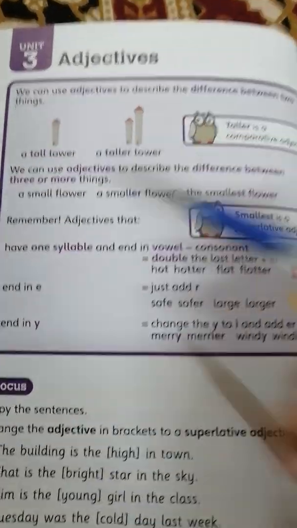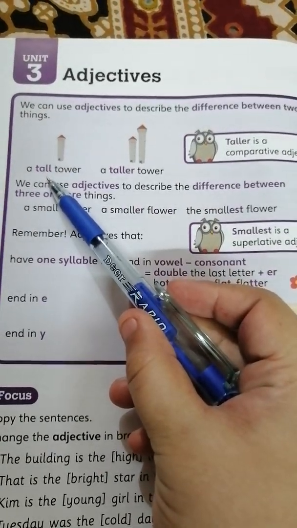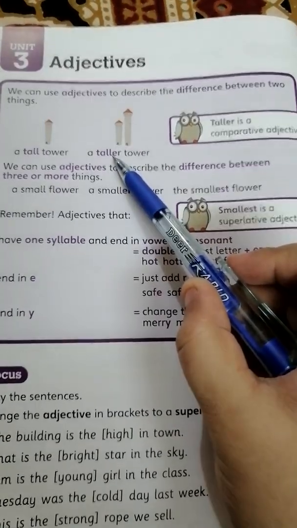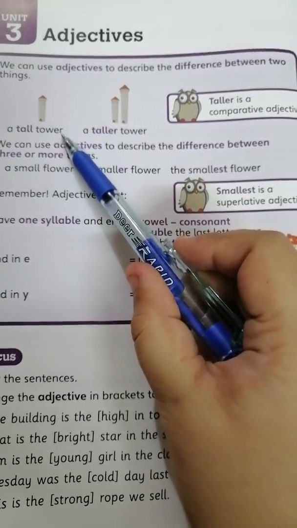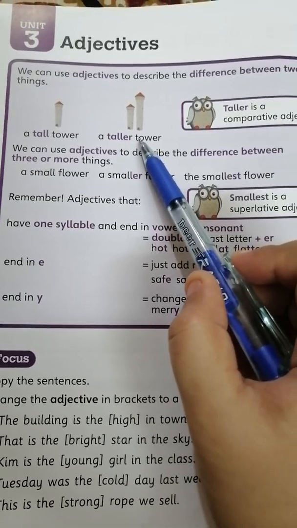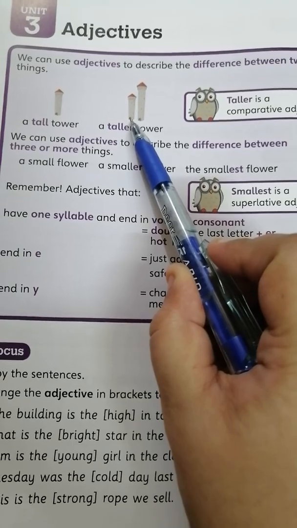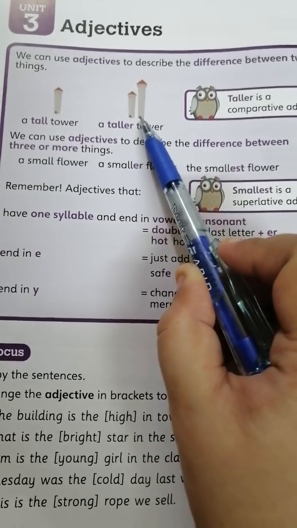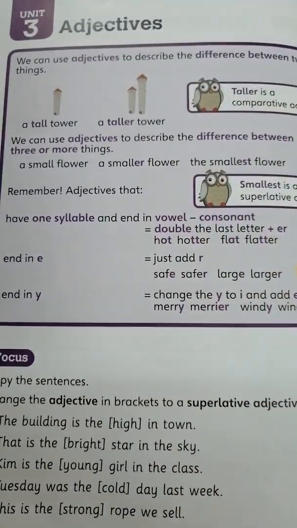For example, tall is a positive adjective and taller is a comparative adjective, because it shows the difference between two things. Like, this is tall but this tower is taller than this, so the difference is here. So taller is a comparative degree.